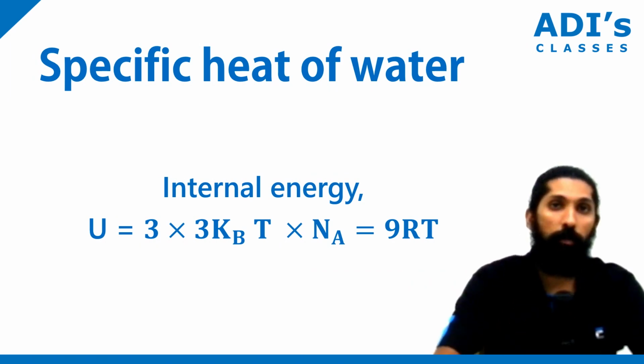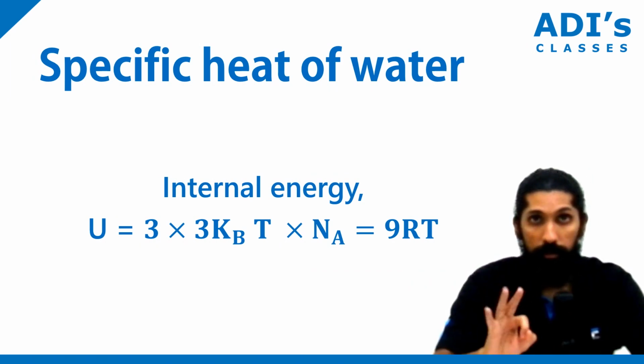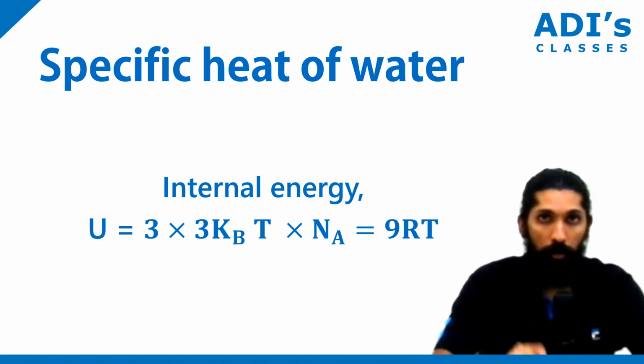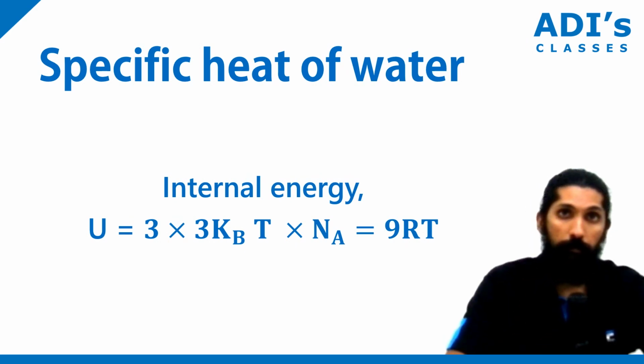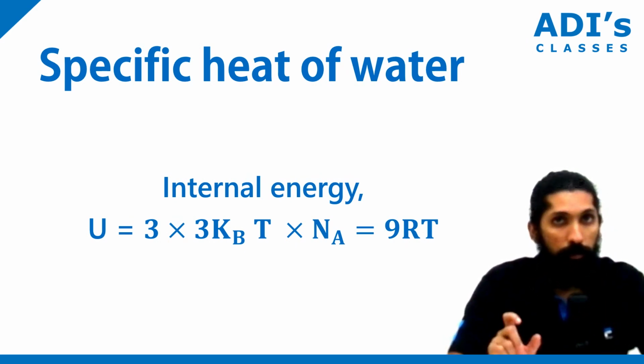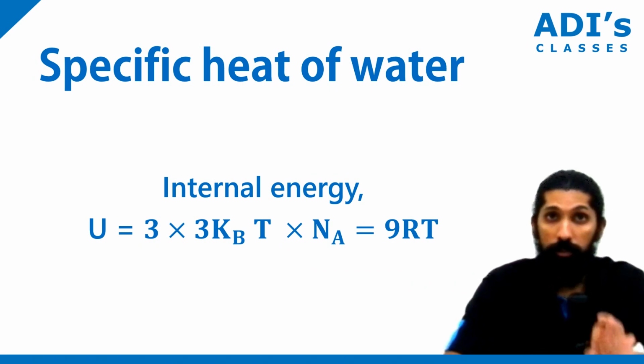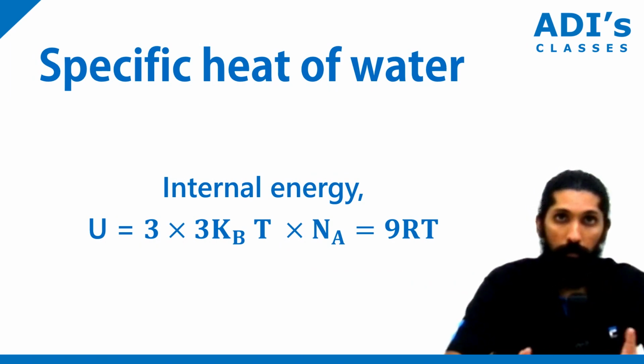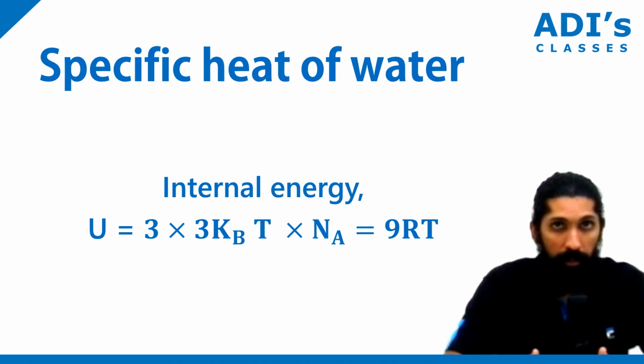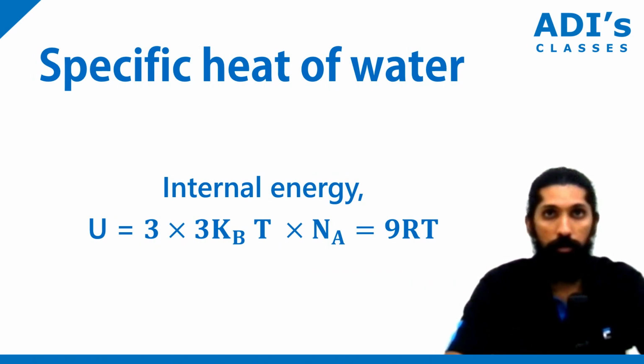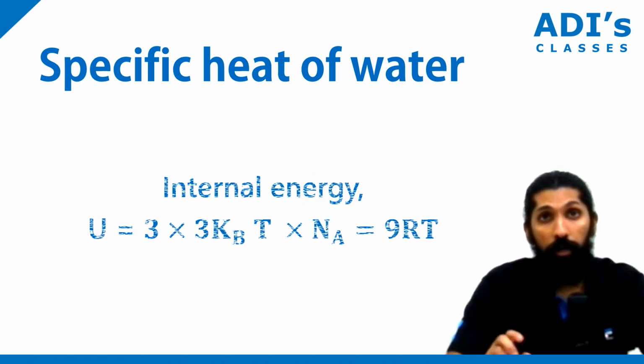One molecule of water has 3 atoms, correct? 2 hydrogen, 1 oxygen. Since it's in 3 dimensions, the 3 kB T is for 3 dimensions and the initial 3 is for 3 atoms. Na is the total number of molecules. What do you get? 9RT.